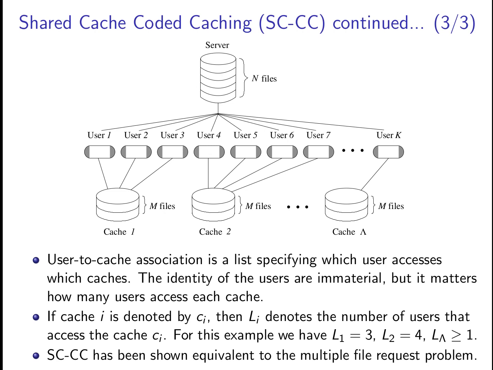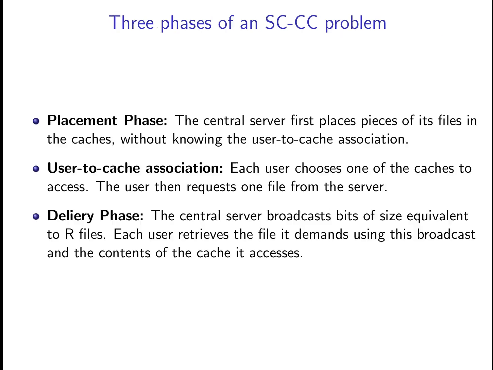For example, here cache 1 is accessed by 3 users, so L1 is equal to 3, cache 2 is accessed by 4 users, so L2 is equal to 4, and cache Lambda is accessed by at least user K, so L Lambda is greater than or equal to 1. The shared cache coded caching problem has been shown to be equivalent to the multiple file request problem.